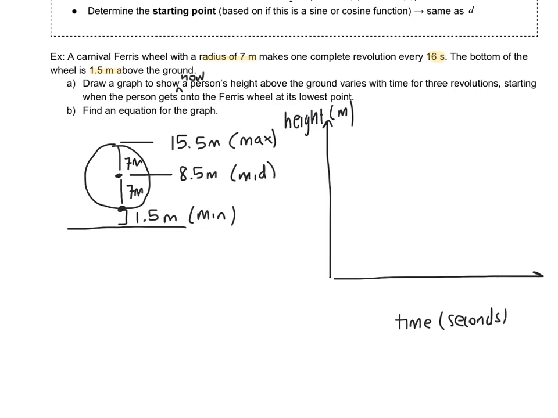Now, when I label my scale, it doesn't have to be perfect, but I have to make sure I include the 1.5, 8.5, and 15.5. So just roughly, I don't want to be completely off with my scale, but it doesn't have to be perfect either. So there we are. I've labeled my key lines, and I'll even highlight them just to give me a guide.